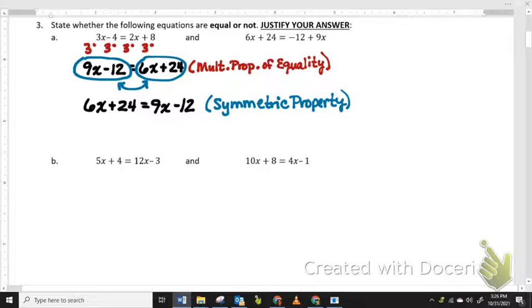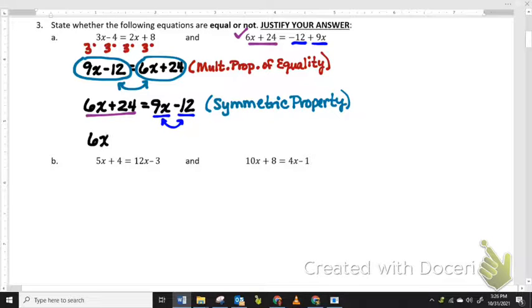All right, let's see. 6x plus 24 is exactly the same as 6x plus 24. And then over here, it's negative 12 plus 9x. And here it's a positive 9x and minus 12. So I can flip those two around as long as I take the signs with them. The 9x is a positive, and the 12 has a minus sign in front of it.